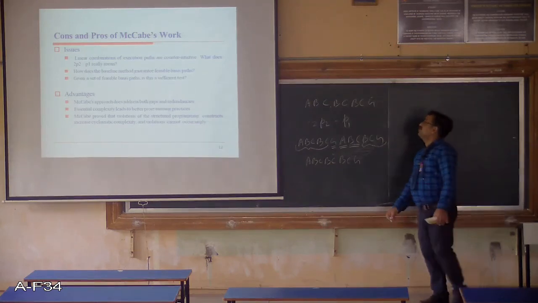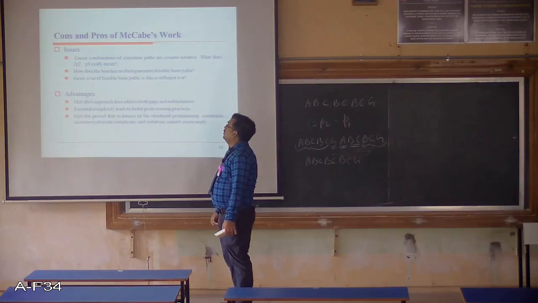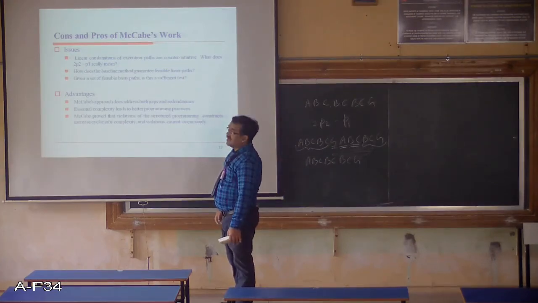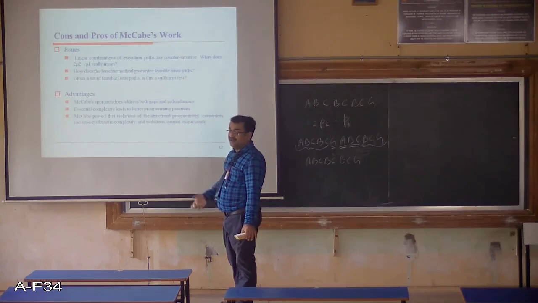Pros and cons of the basis path method. The issues: linear combination of execution paths is counterintuitive. What does 2p2 minus p1 really mean? How does the baseline method guarantee feasible basis paths?